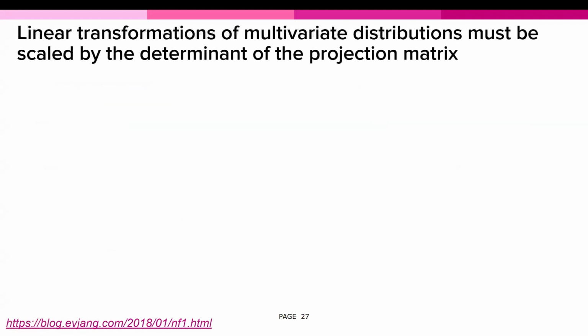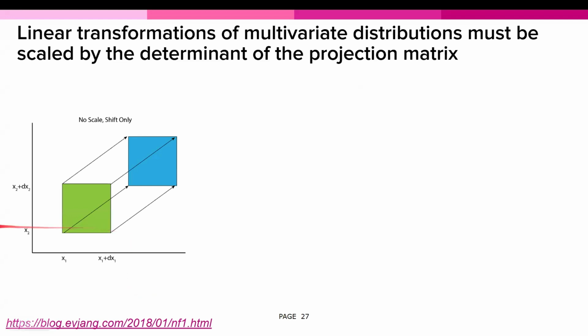Okay, so let's now consider transformations over multivariate distributions. Let's start off with a source distribution, which is a uniform distribution over a square. So there's non-zero probability mass in the green region, and zero everywhere else. We can imagine some transformations that we might apply to this distribution.